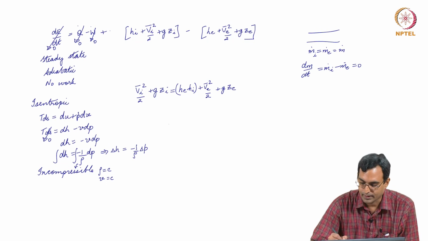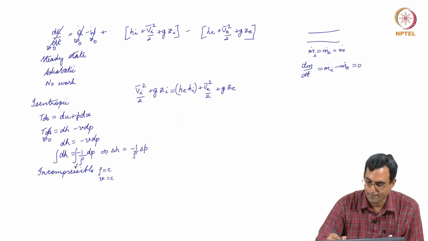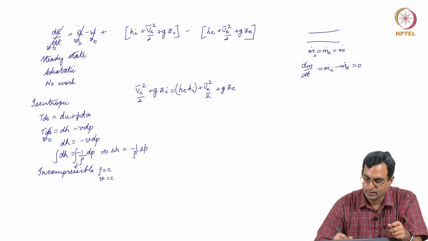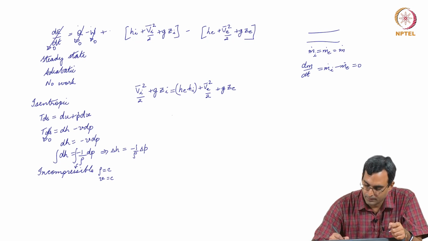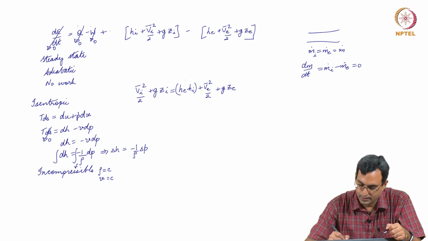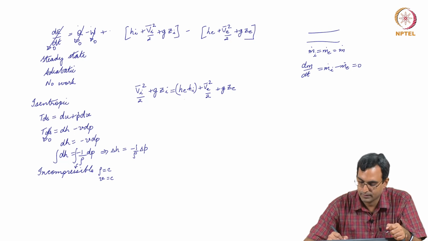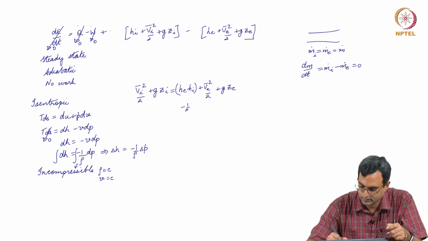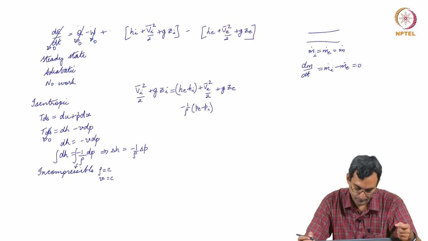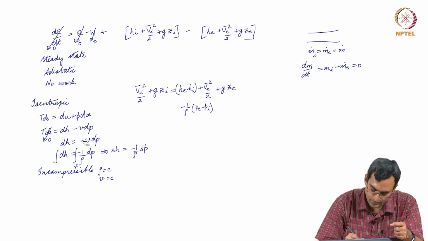So what I can do is I can now put this here. So delta P is Pe minus Pi. So if I now substitute this in this expression, sorry, I took this to the other side.